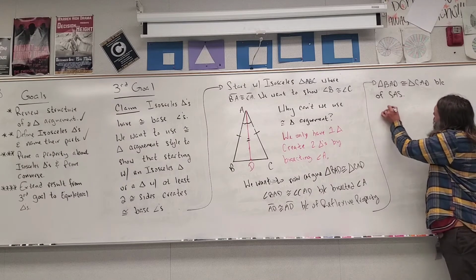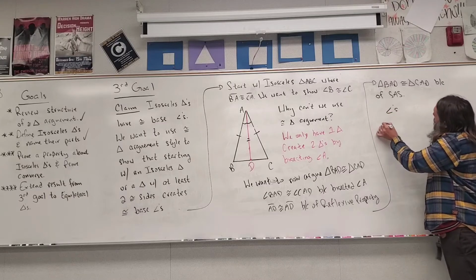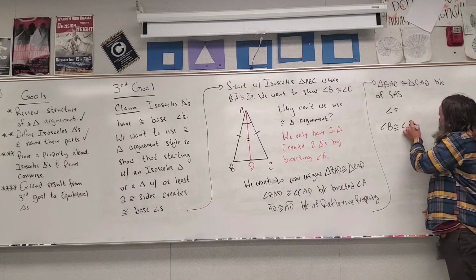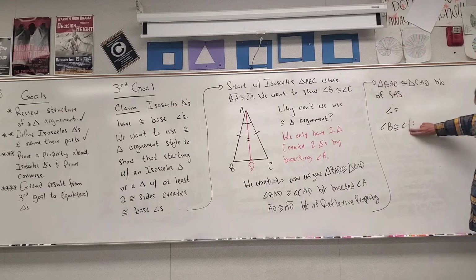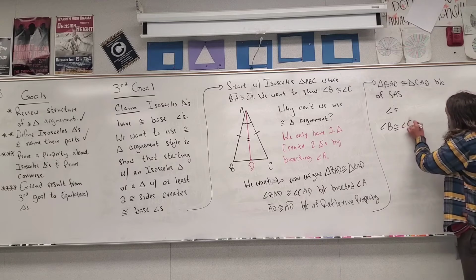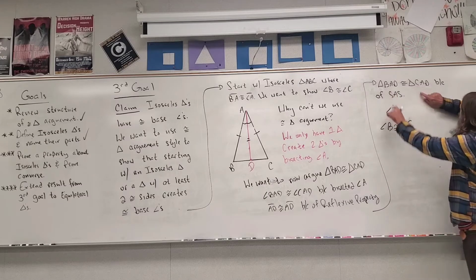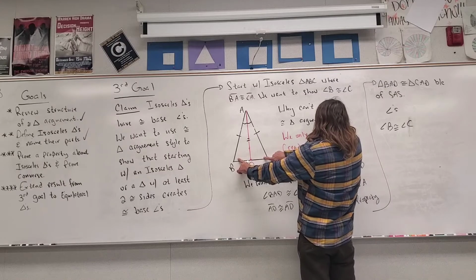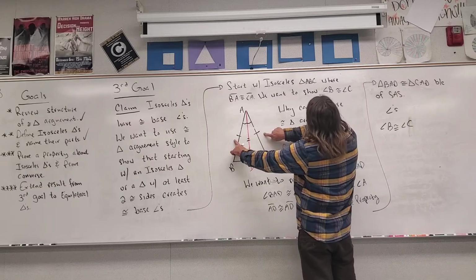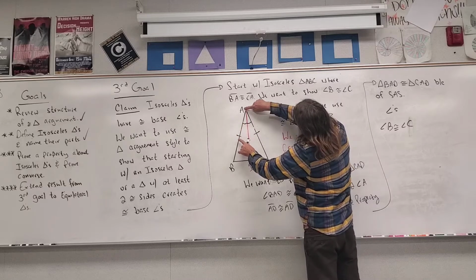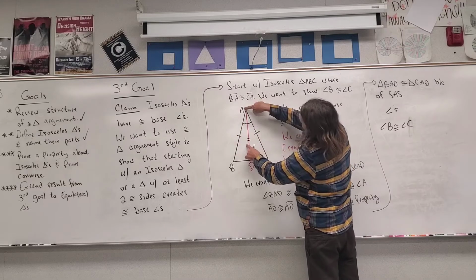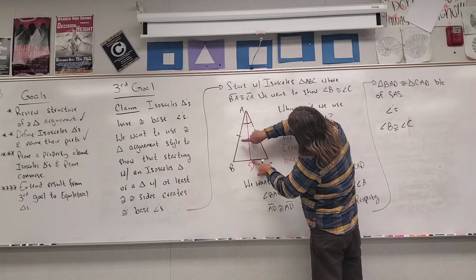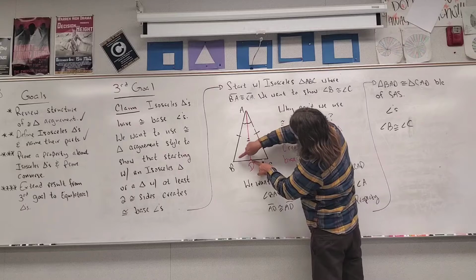So let's start with the angles. I know that angle B is congruent to angle D. I'm sorry, angle B is congruent to angle C. It's very important that they match up, right? So next to the side with no mark and one mark, next to the side with one mark and two marks, and then next to the side with two marks, no mark.